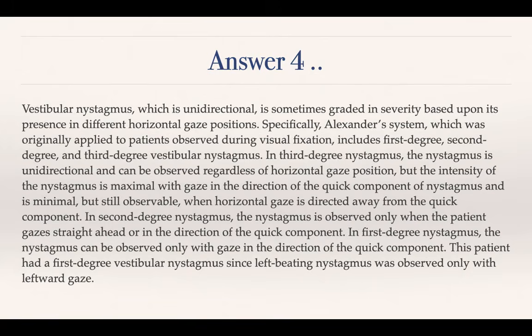This is only with left gaze with fixation because Alexander's system was described observing patients with fixation. So that is why this particular person in the Alexander system will be considered as having a first degree nystagmus, because we are disregarding what we saw once the fixation was removed, because Alexander's system was originally applied to patients who are observed during visual fixation only.